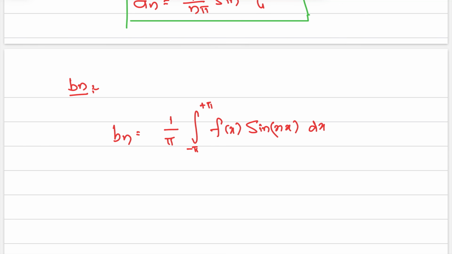Because of the symmetry, sin nx is an odd function.